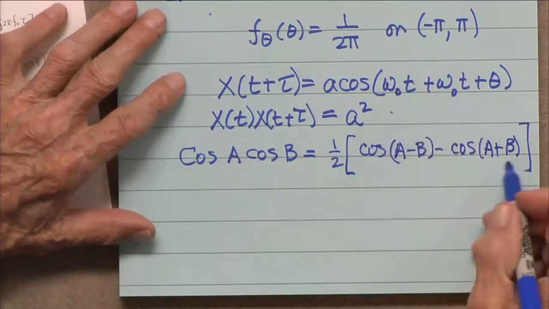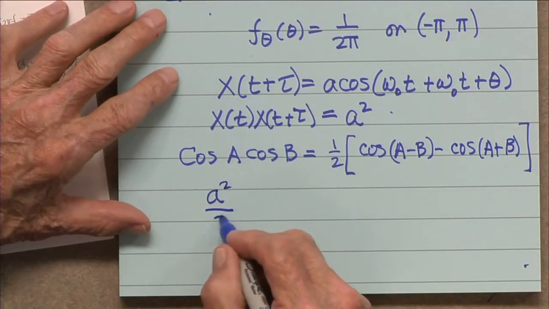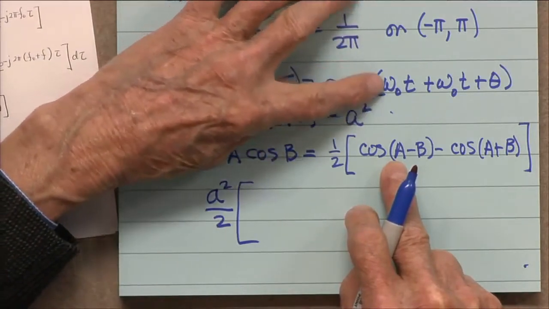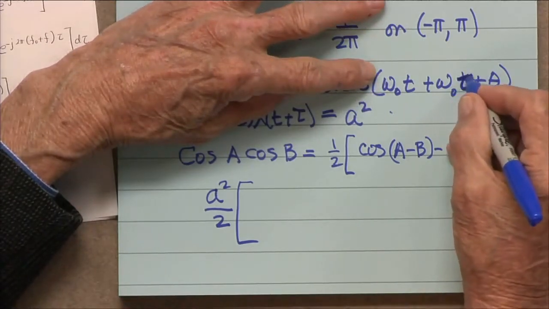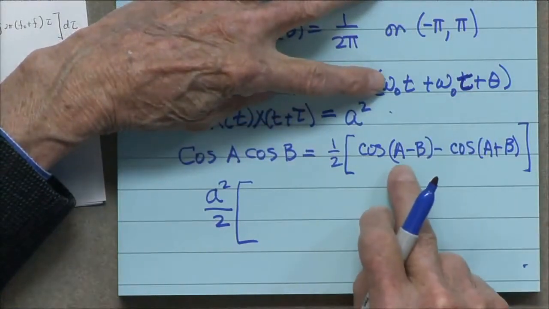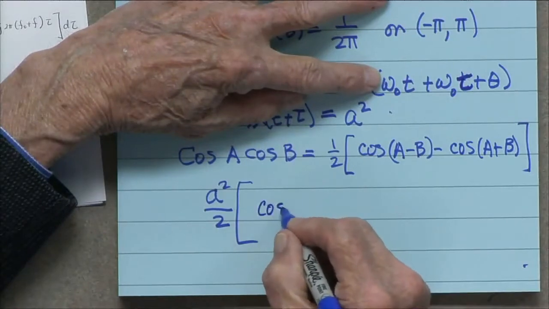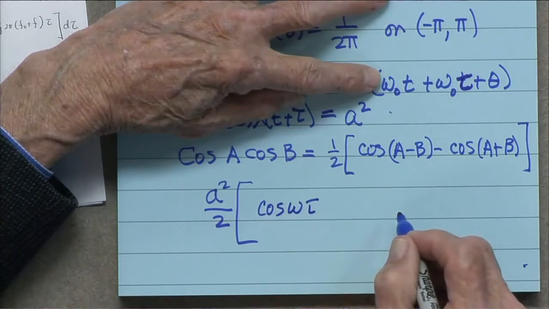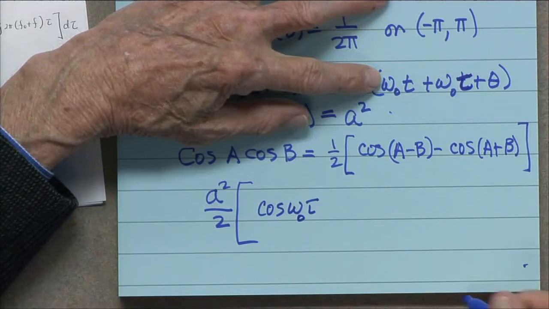So that means you've got A squared over 2. Let's take the difference between this and this. Oh, that's tau, excuse me. t plus tau. Let's take the difference, which means everything subtracts out: omega 0 times tau, no theta.